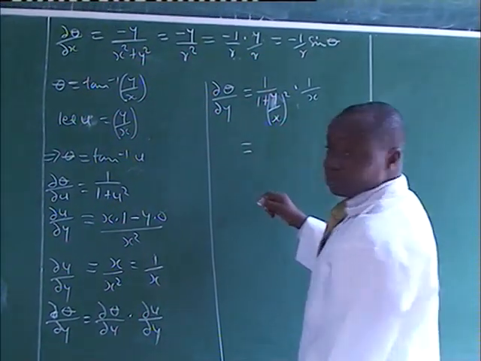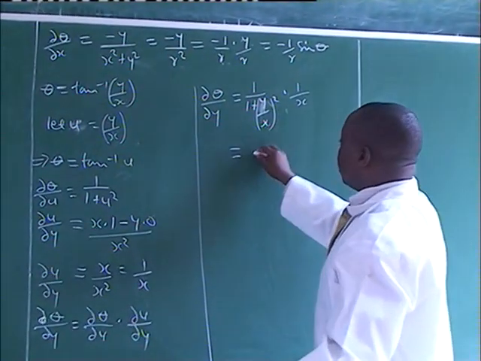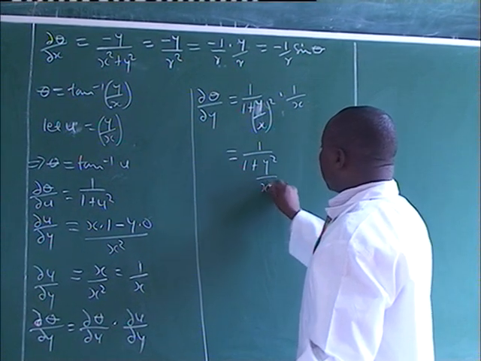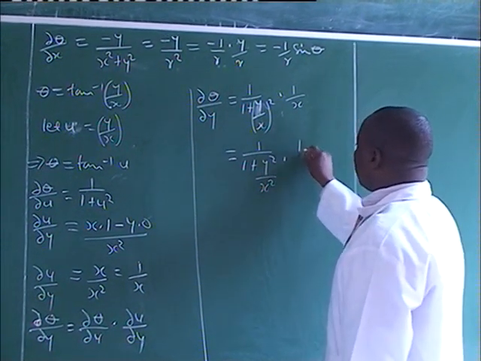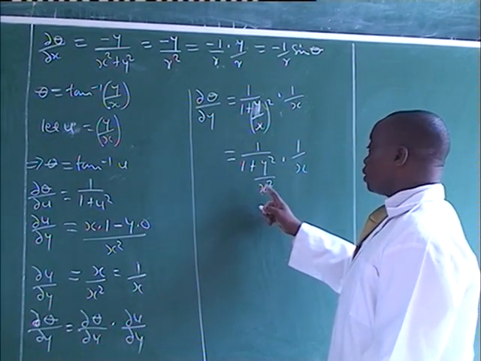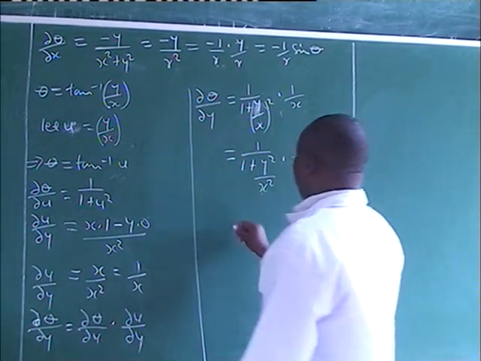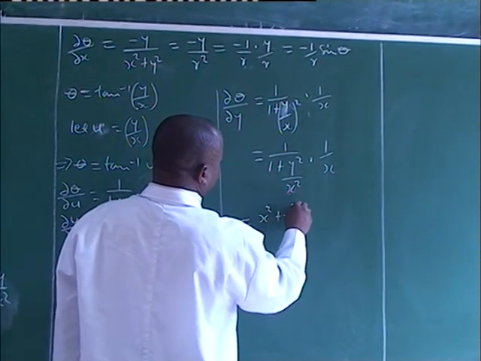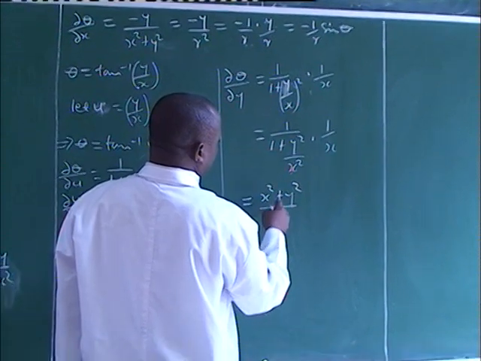Now the same procedure can apply. We have 1 all over 1 plus y squared over x squared times 1 all over x. If I take LCM here, I will have x squared plus y squared for that part.